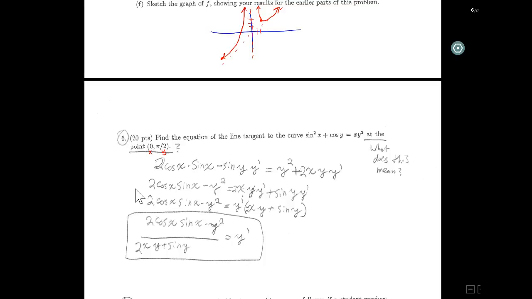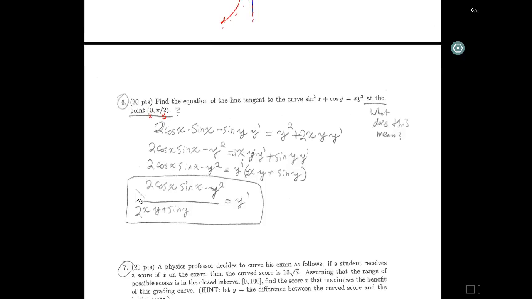So 2 sine x cosine x, that looks good, minus sine of y times y prime, that's fine. And over here we have y squared, and then I have 2xy y prime. You got the y primes on the same side, that's fine. And then we factored out.